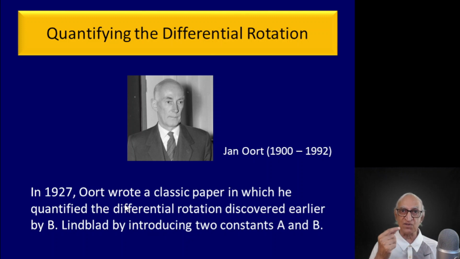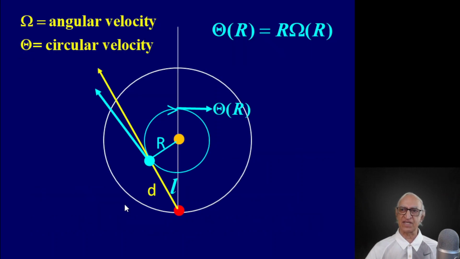That omega is not constant as a function of the radial distance from the center of the galaxy. And the question is, how does this omega vary with the galactocentric distance? What is d omega by dr, where r is the distance from the center of the galaxy? So he introduced two constants, A and B.